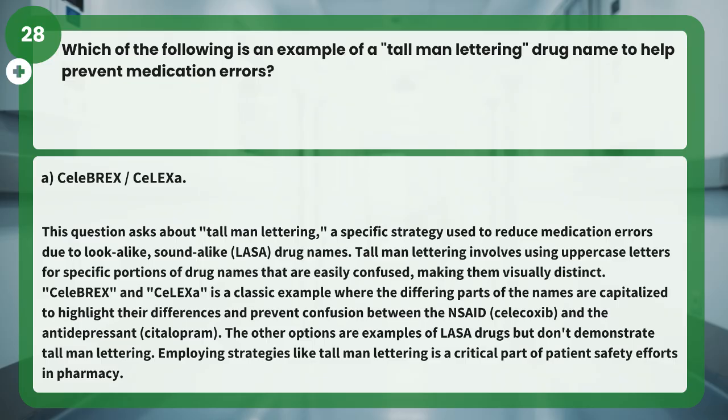Celebrex and Celexa is a classic example where the differing parts of the names are capitalized to highlight their differences and prevent confusion between the NSAID, celecoxib, and the antidepressant, citalopram. The other options are examples of look-alike drugs but don't demonstrate tall man lettering. Employing strategies like tall man lettering is a critical part of patient safety efforts in pharmacy.